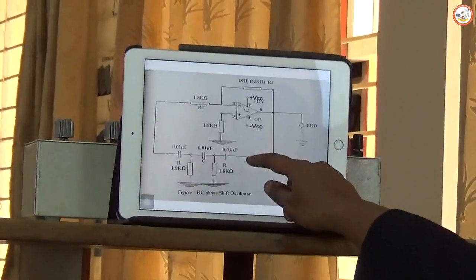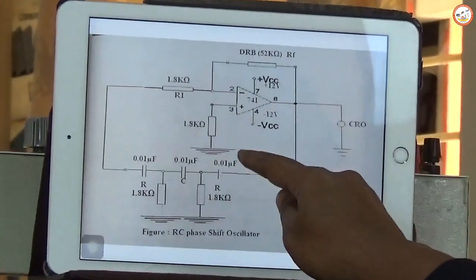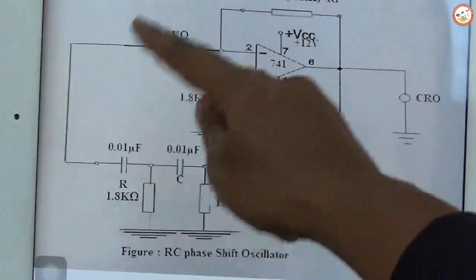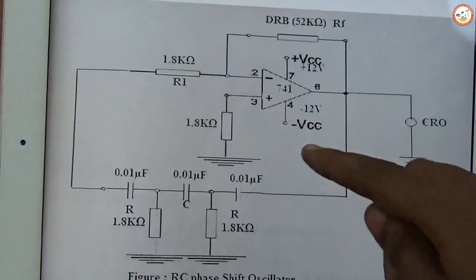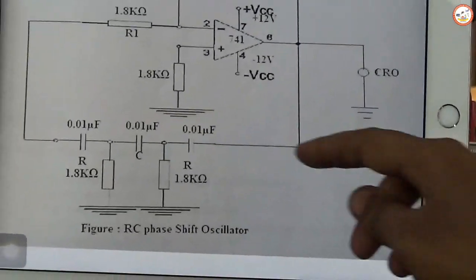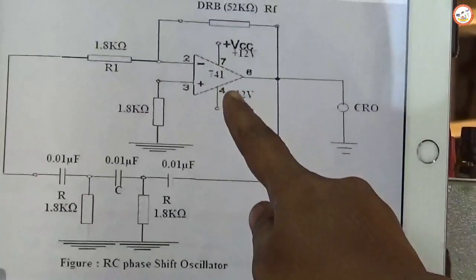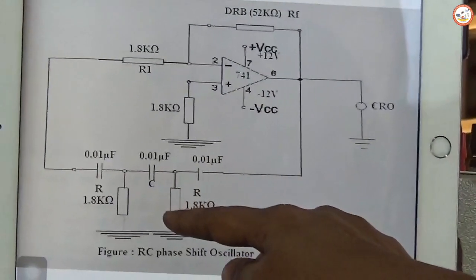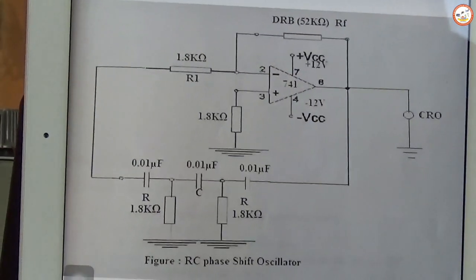Another 180 degree phase shift is produced by the feedback network. Here we are making use of 3 RC sections: one, second one, and together with R1 will act as another RC section. Each RC section produces 60 degree phase shift, so together 180 degree phase shift. Overall loop phase shift is 180 degrees from the amplifier and 180 degrees from the feedback section, so it gives an overall phase shift of 360 degrees.